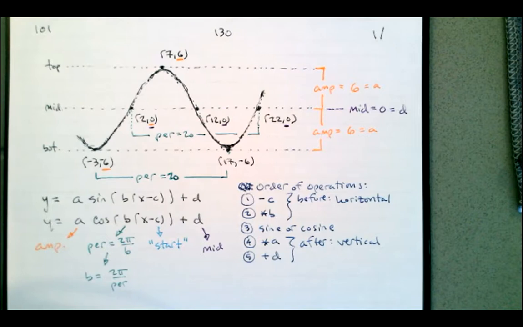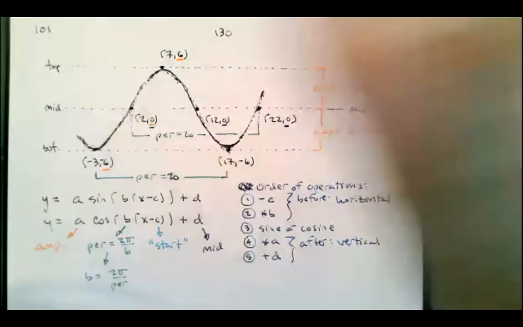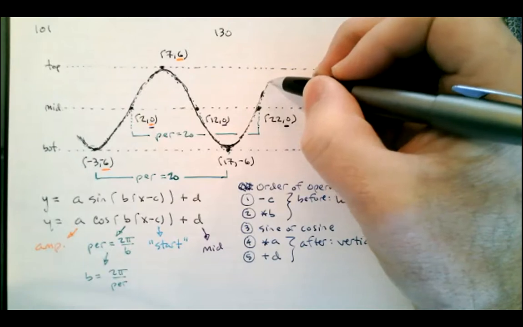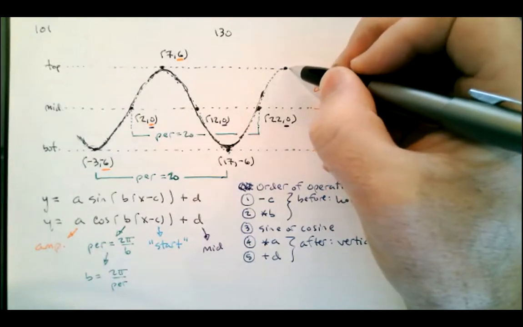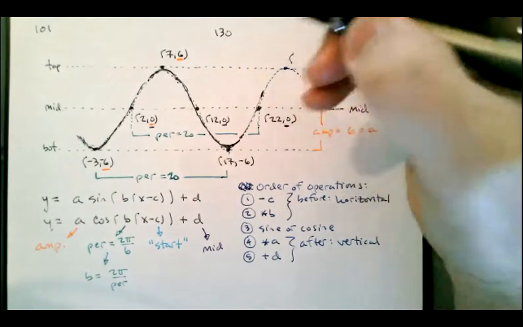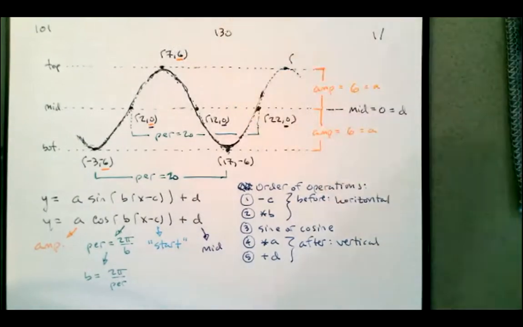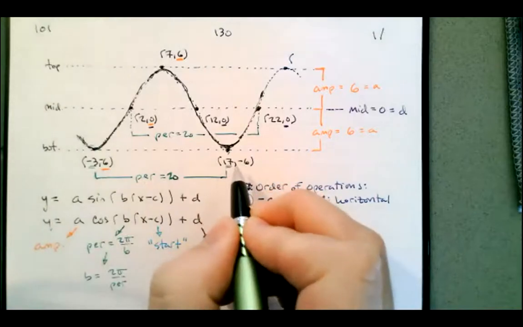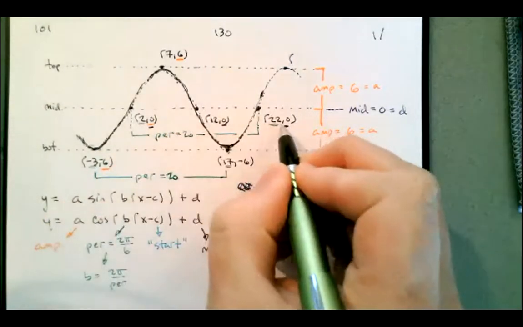Even though we don't see that I didn't label this point, we can imagine this graph continuing to go up before dropping back down. And even though it wasn't given, if we go from -3 to 17 is a 20, from 2 to 22 is a 20.